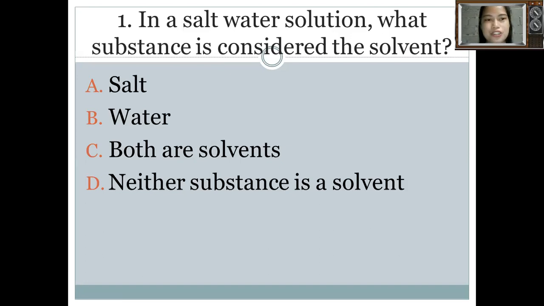Choices are A, salt, B, water, C, both are solvents, D, neither substance is a solvent. In 5, 4, 3, 2, 1, what is your answer? If your answer is water, you got it right.